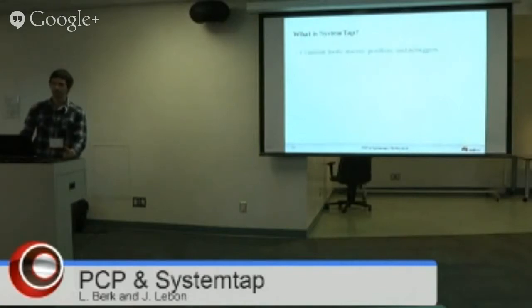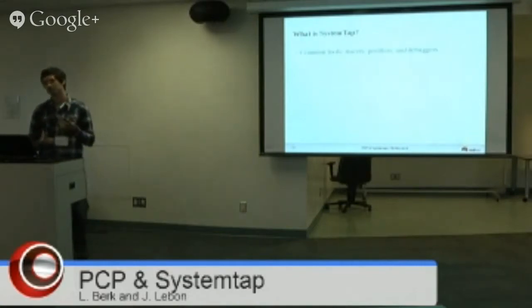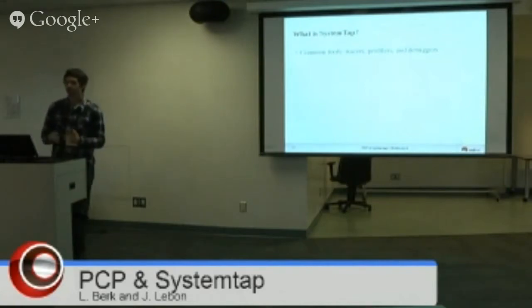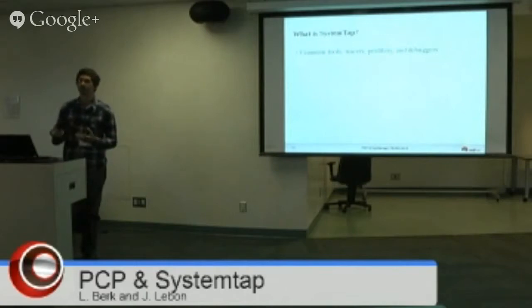So what is Systemtap? Well, normally the tools you would use for fixing bugs would be stuff like tracers, profilers, or debuggers. Now, the thing is, tracers, for example, limit you to function calls, and sometimes they can give you information you don't want, right? So they can overload you. Profilers are nice, but the simple ones are just too abstract, and the more intricate ones require a lot of setup.